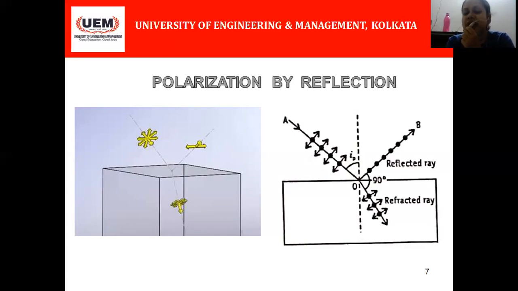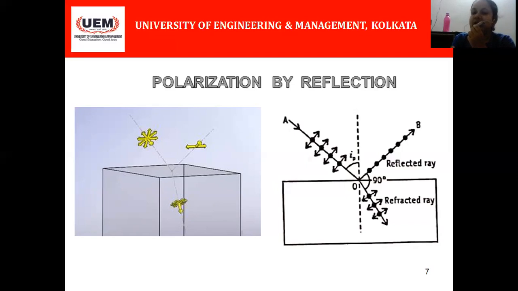So the refracted ray in turn becomes partially polarized because it has less of light having vibration perpendicular to the computer screen and more of light having vibration along the computer screen.